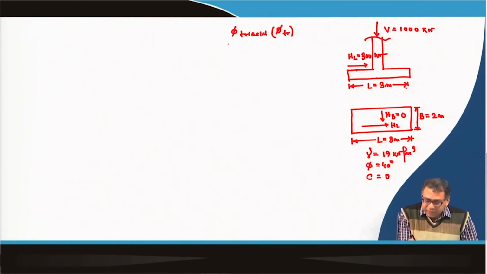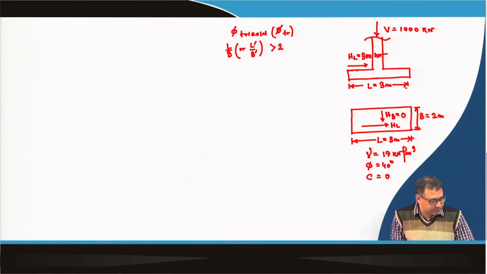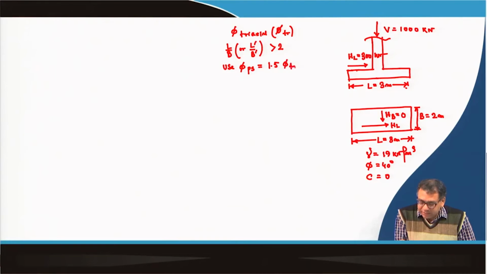Now, if your L by B, or if it is eccentric loading L dash by B dash, is greater than 2, then you use phi plane strain or modified phi, which is 1.5 times phi triaxial minus 17 degree.